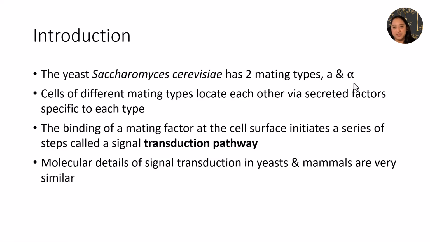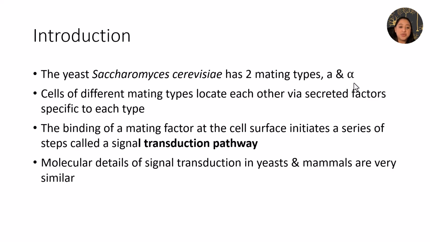The binding of a mating factor at the cell surface initiates a series of steps called a signal transduction pathway, and we'll talk more about what that is. So that's an example of cell communication as well, as cells can identify each other based on what is secreted and what they receive.